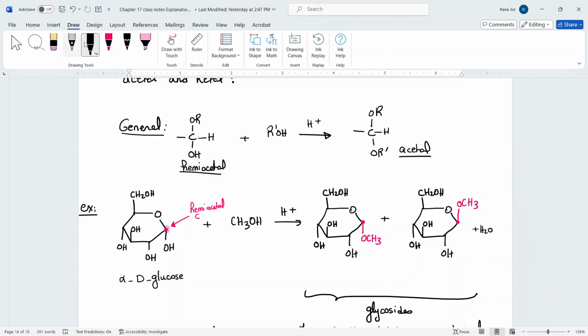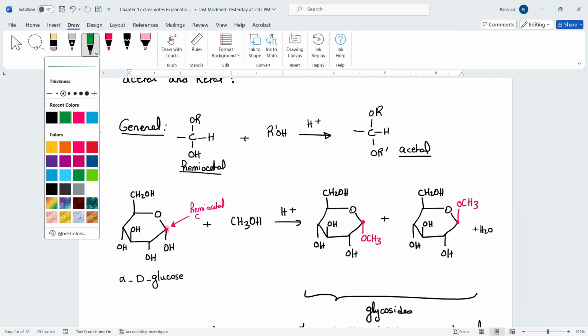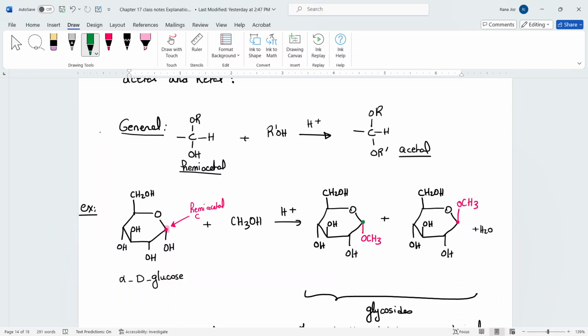What I formed over here is what we call a glycosidic linkage, because we formed an acetal: a carbon that is connected to an OR and another OR. So this bond here is called a glycosidic linkage.